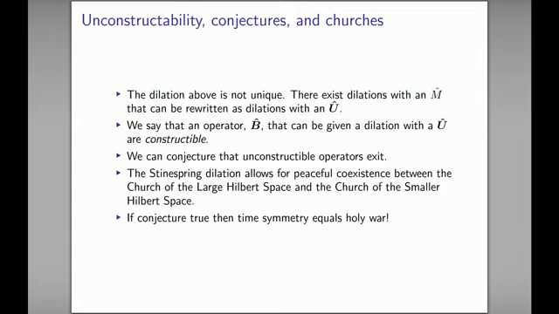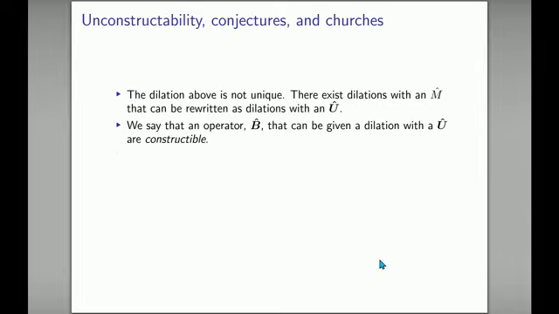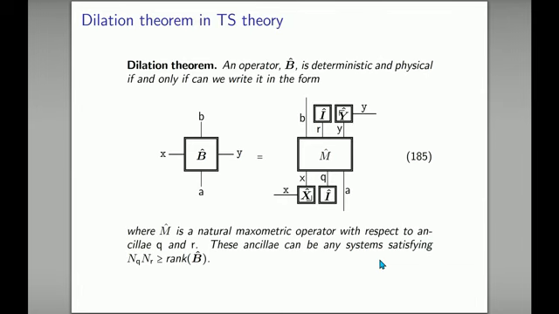Have you proven that this exists? No, I haven't. So the theorem, let me just go back to the theorem here, is that you can always do this. In fact, an operator is deterministic physical if and only if I can write it in this form.